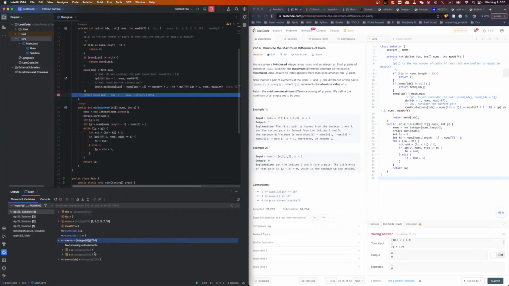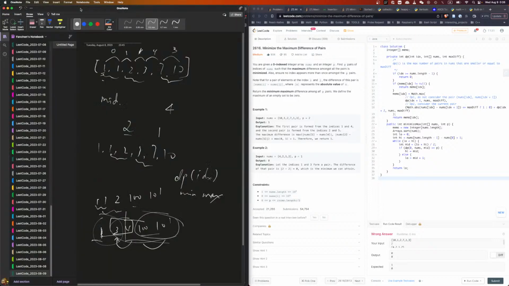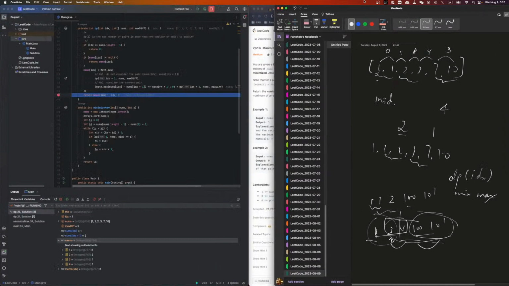So memo 3. Given the current max difference is 5. I mean, the max difference of 5 is always going to be good, right? 2, 1. So difference is 5. Hold a second, let's pull this one up. Difference is 5.